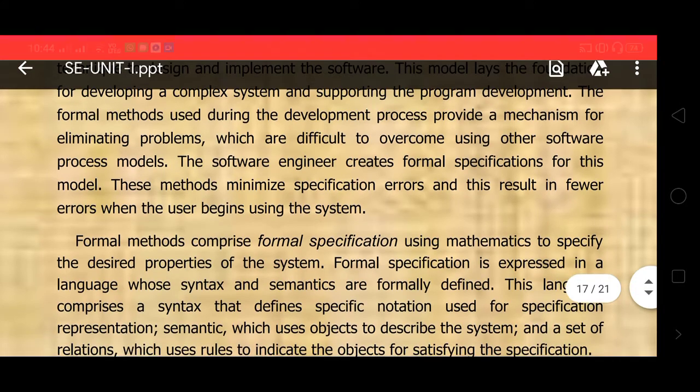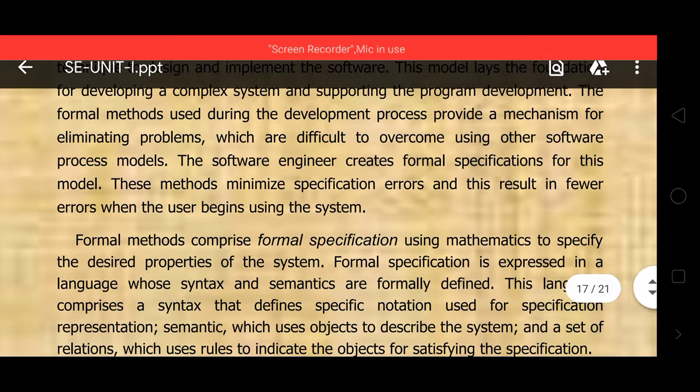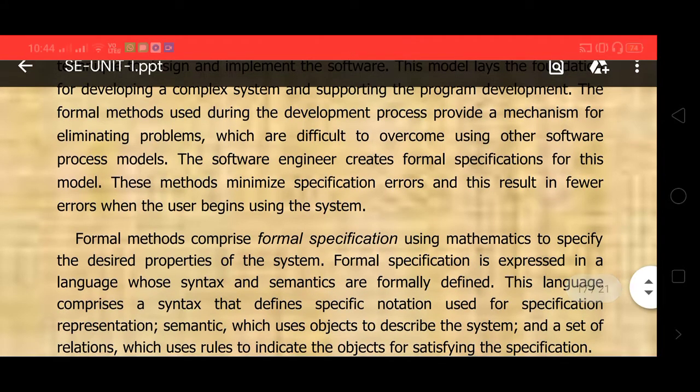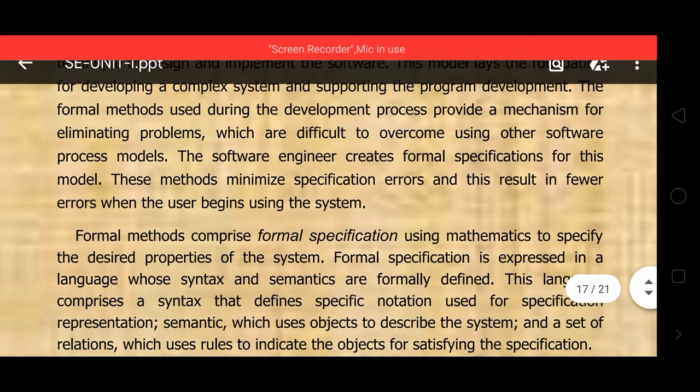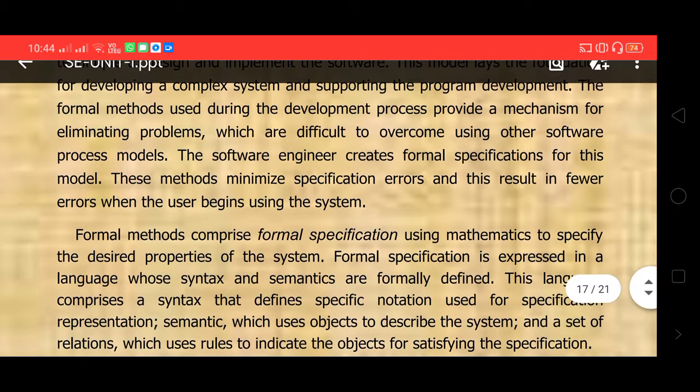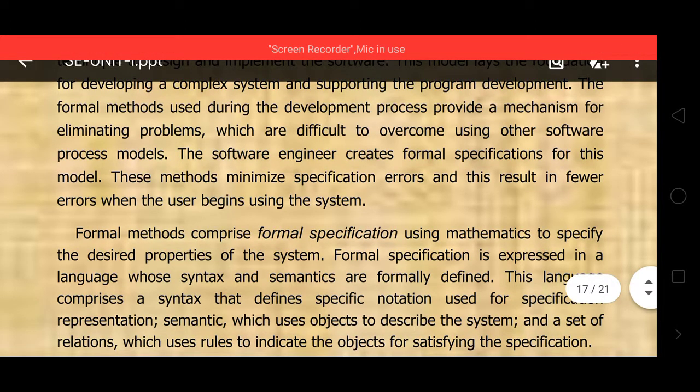The software engineer creates a formal specification for this model. These models minimize specification errors, and this results in fewer errors when the user begins using the system.